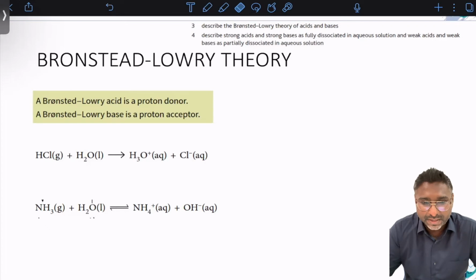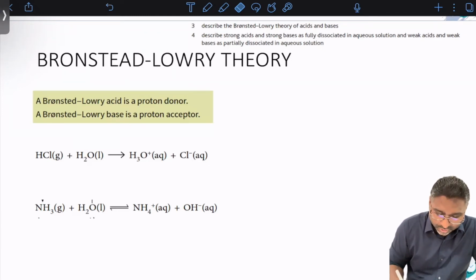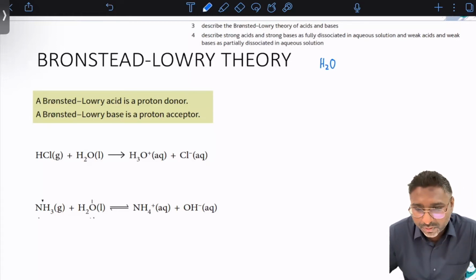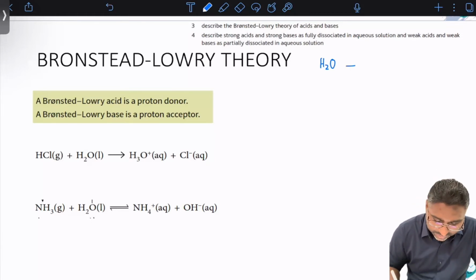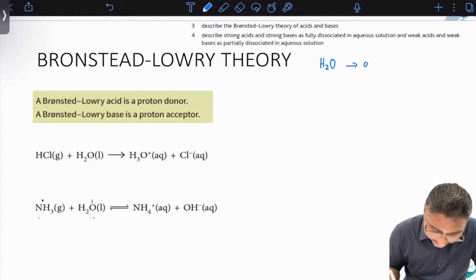Maybe you will find it a bit funny. Why? Water can be considered as both acid and alkali. Do remember, according to this theory, although water is neutral, water can be a Bronsted-Lowry acid and a Bronsted-Lowry base.